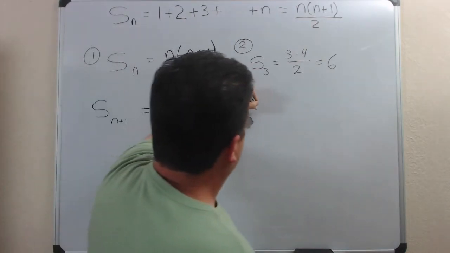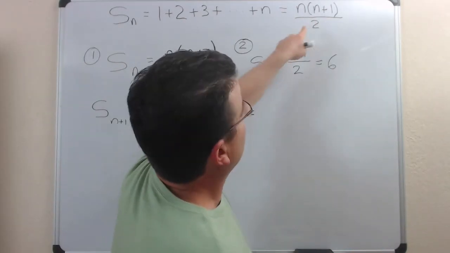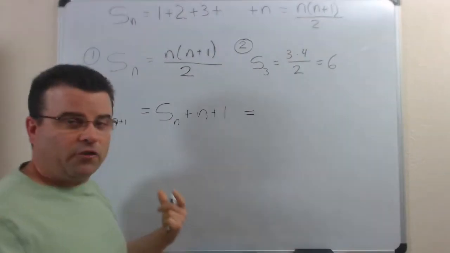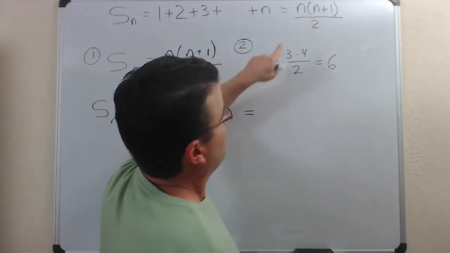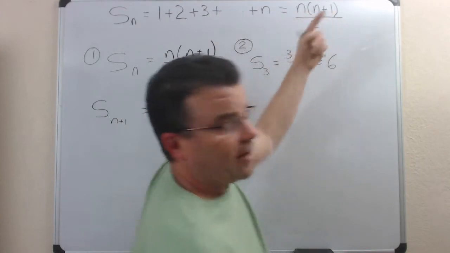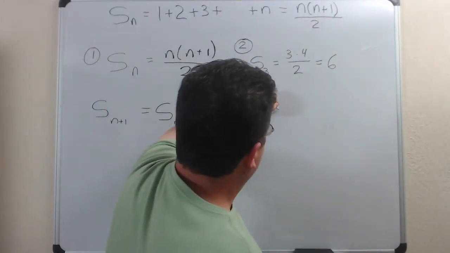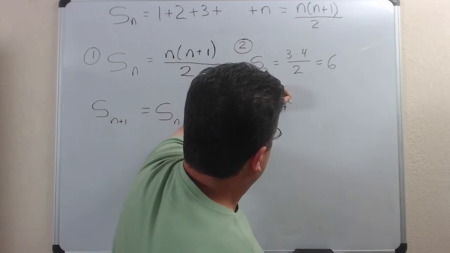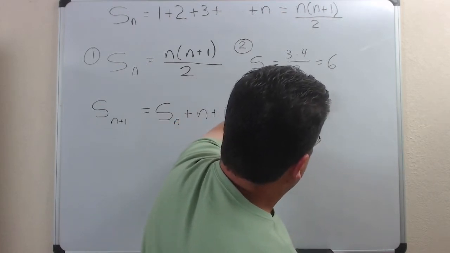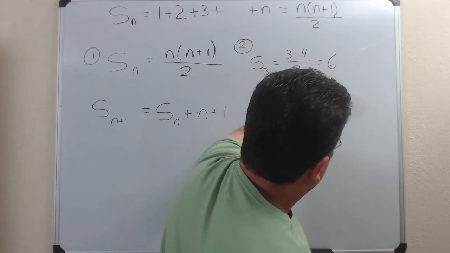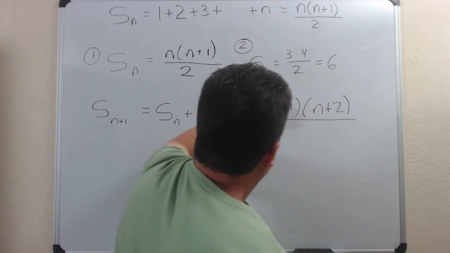Then we also want to write it just using the formula. So just using the formula, the sum of the first n plus 1 integers would be, we're going to replace every n with n plus 1. So we would have n plus 1 times n plus 2 divided by 2.